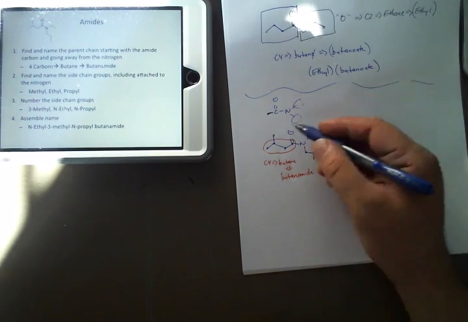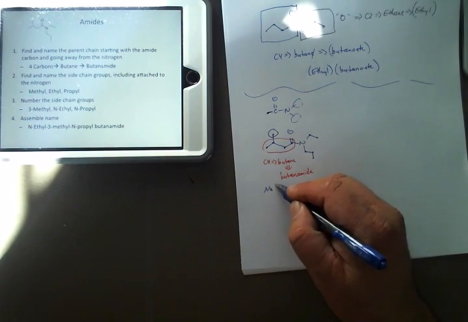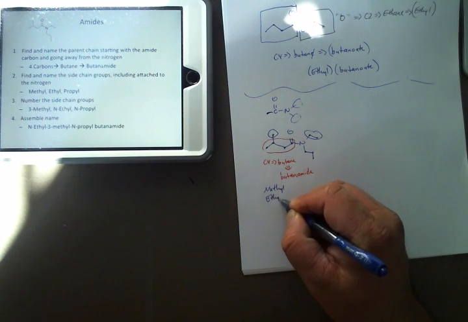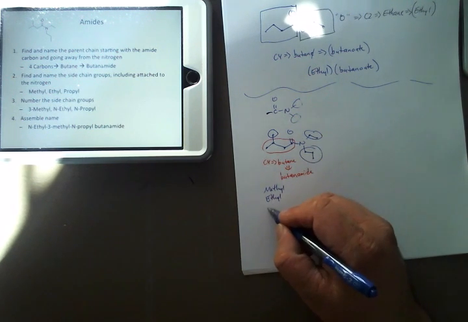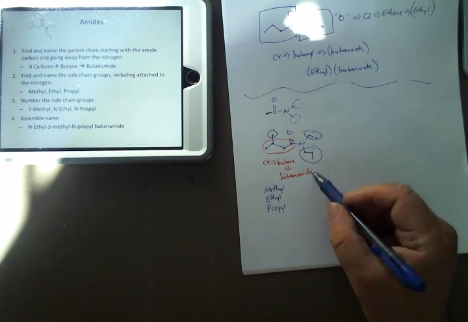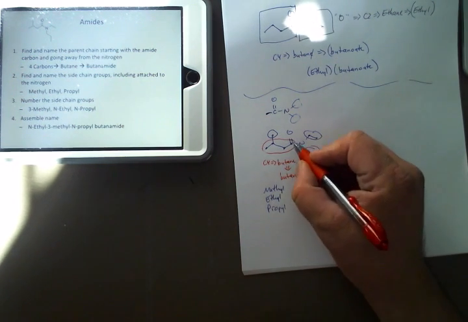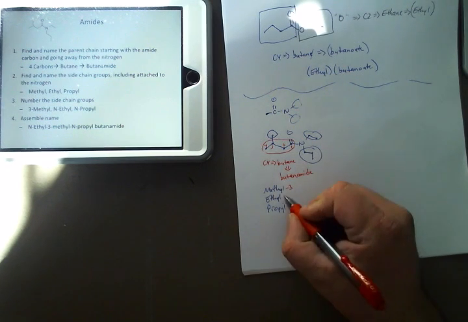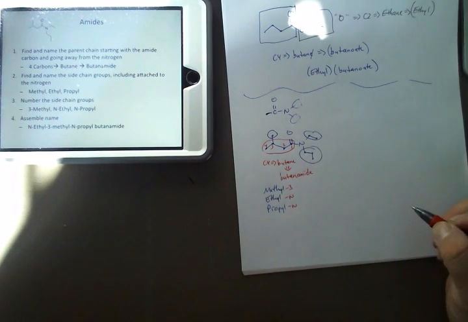Now we have a methyl, an ethyl, and a propyl, because 1, 2, 3, three carbons, so it's propyl. This one here is hanging off of carbon 3, and then these guys are hanging off of the nitrogen.